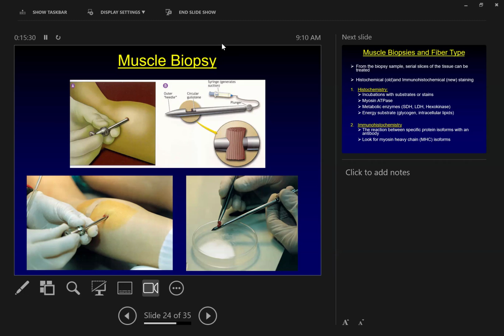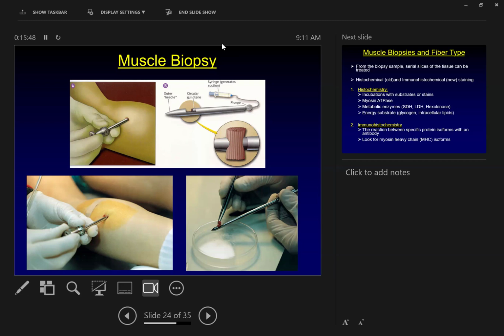You put it in there, and you crank this thing around, and it cuts little tiny, almost translucent, micrometer thick slices off of the muscle, and you can put that under a microscope and you can look at the individual fibers that way.